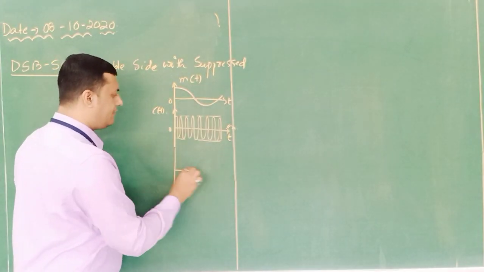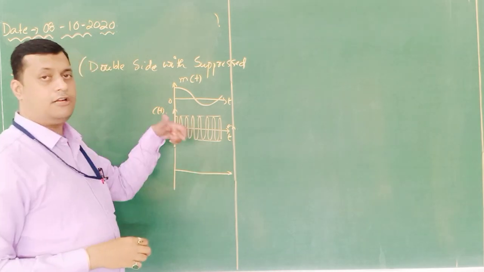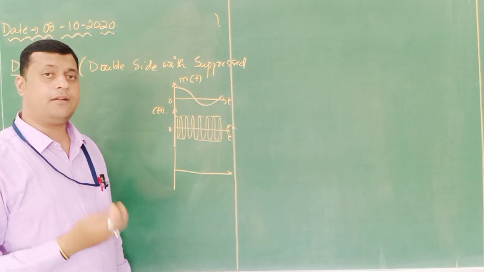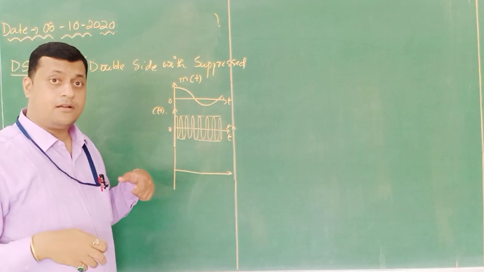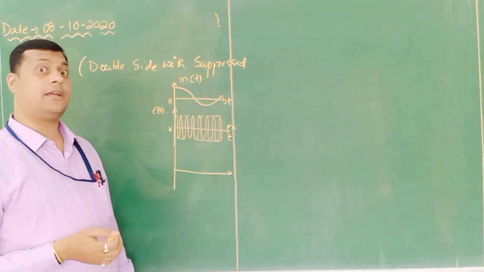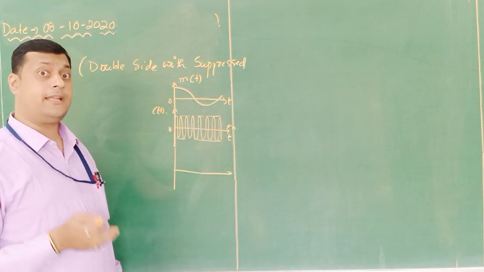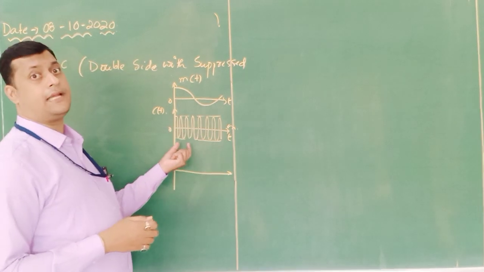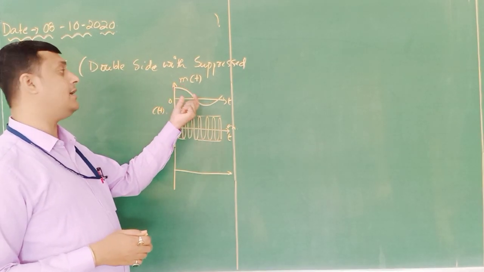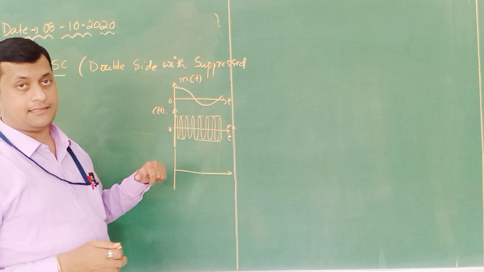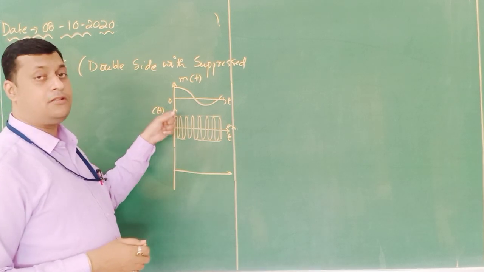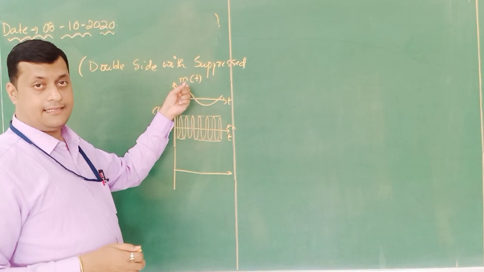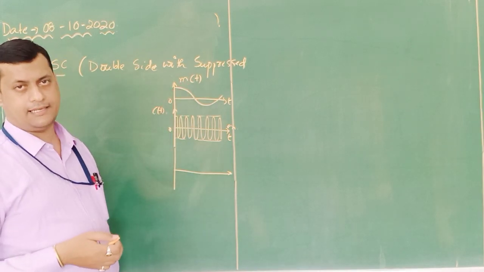Now if I need to modulate the carrier with respect to the modulating signal, here what happens when I do the AM modulation is that I get an envelope. That envelope indicates that the amplitude of the carrier is varied according to the amplitude of the modulating signal, so we are adding the amplitude of the carrier plus the modulating signal, whole into cos omega c t.